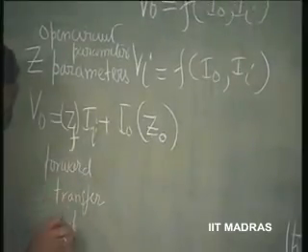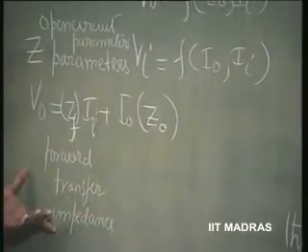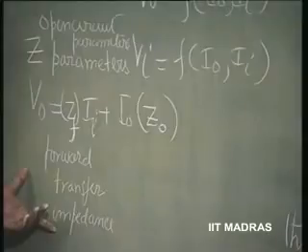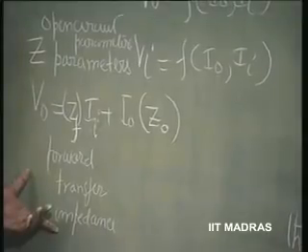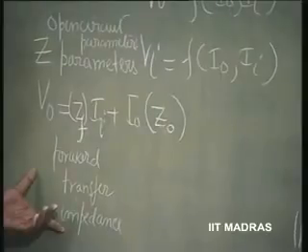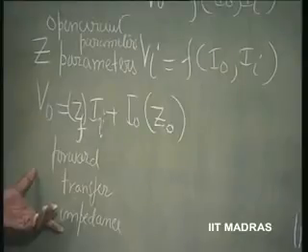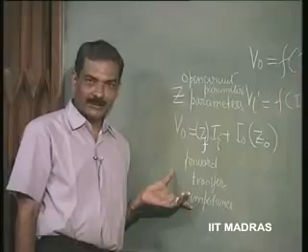Remember this, we have already discussed this parameter earlier. We called it transfer impedance, forward transfer impedance, or resistance. At that time we kept it restricted to resistance. Now it is more general, it is impedance.